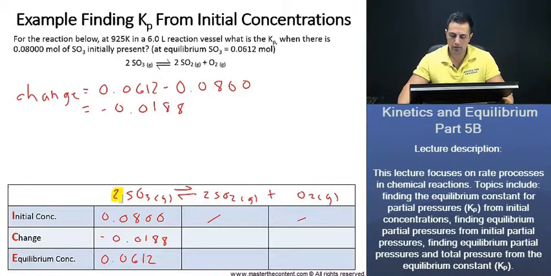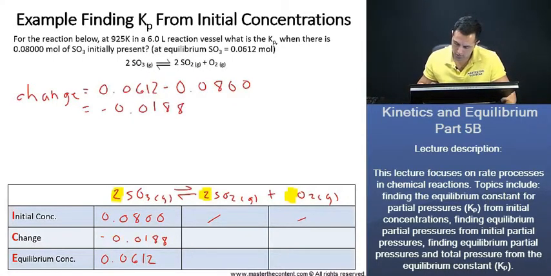We see here that we initially have 2 moles of sulfur trioxide. Here we have 2 moles of sulfur dioxide, and we have a mole of oxygen. So the change for 2 moles of sulfur trioxide to 2 moles of sulfur dioxide is going to be exactly the same as the change here. So we can just write down 0.0188.